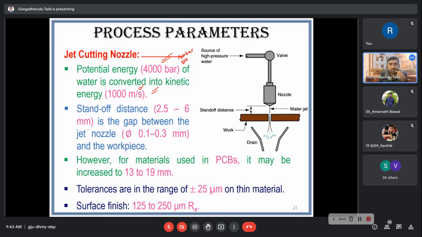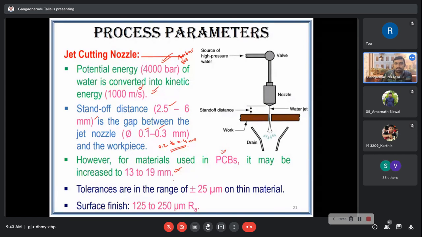Now standoff distance is about 2.5 to 6 mm. Typical range is that. Now nozzle diameter is about 0.1 to 0.3. Earlier we talked about 0.2 to 0.4. All these are correct in that range. However, for materials used in PCBs, printed circuit boards, it may be increased to 13 to 19 mm.